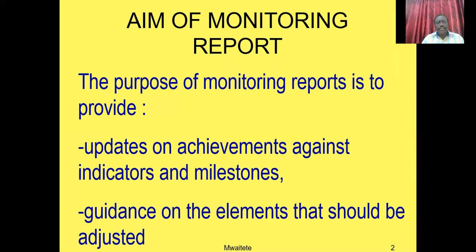You go to the field, you observe something, and you need to provide guidance on what should be adjusted so that you can walk in the right path. So monitoring will tell you whether you are achieving, about to achieve, or not, given the indicators and the work plans in place.